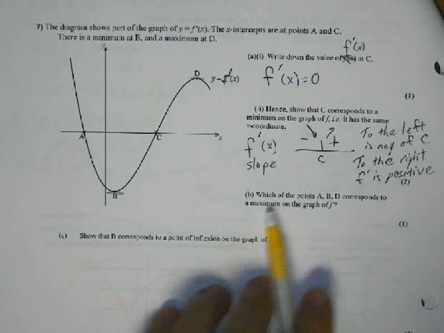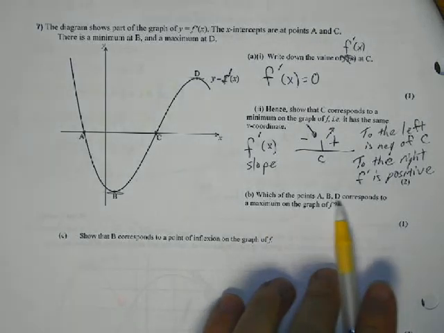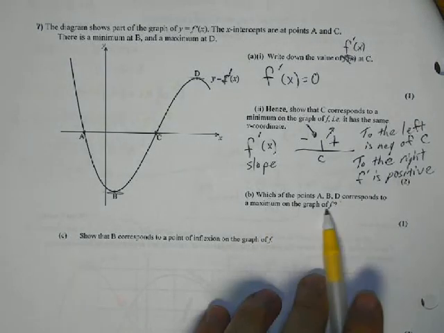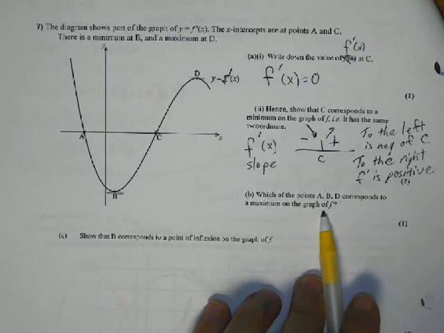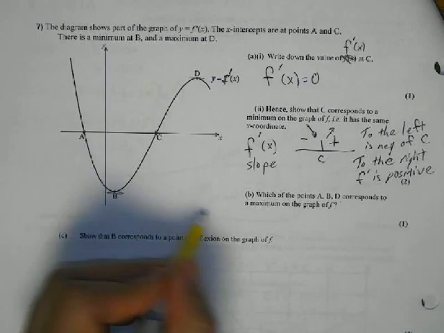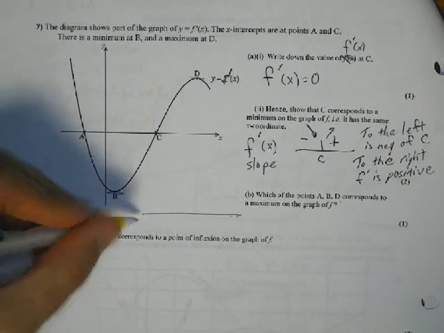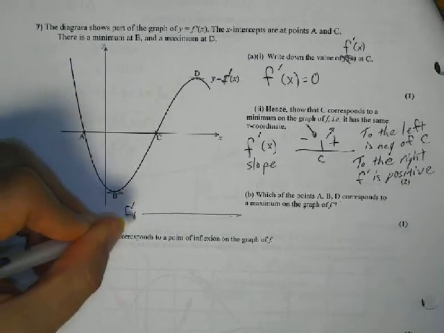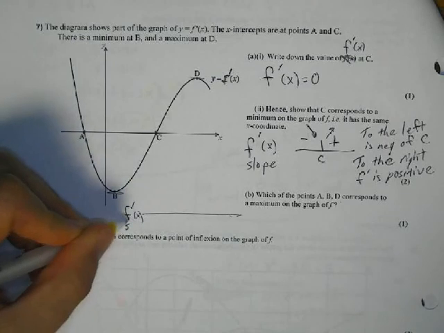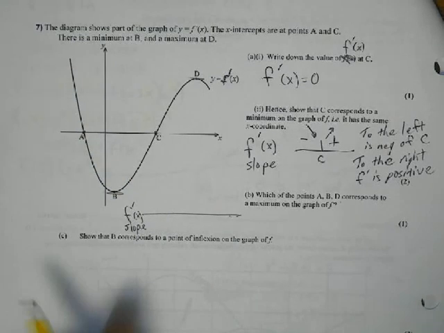Which of the following, A, B, or D, corresponds to the maximum of the graph? Okay, so for the maximum, let's do a sign diagram.